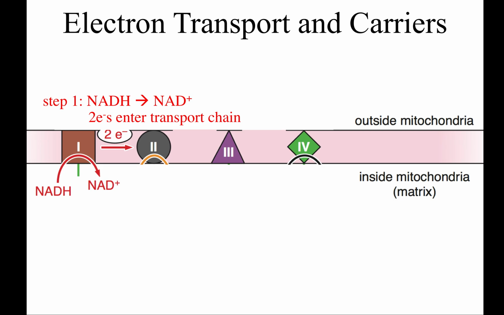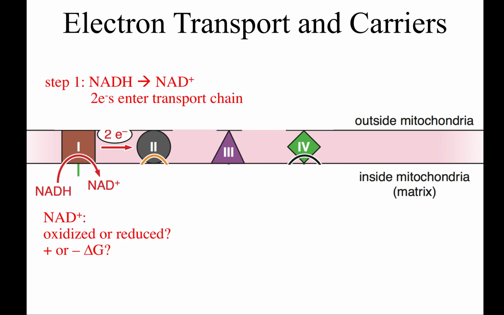Complex is just a bunch of proteins. And then those electrons move to complex 2. So when NADH becomes NAD, the electrons get taken off NADH and put onto complex 1. NAD is oxidized, and that's a negative delta G because it is now making that energy available to do work, and it's a spontaneous reaction. All spontaneous reactions are negative delta G.